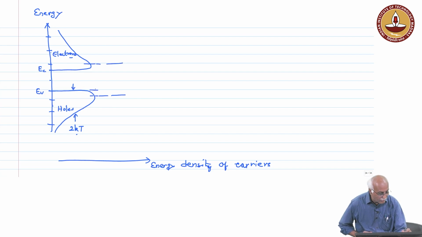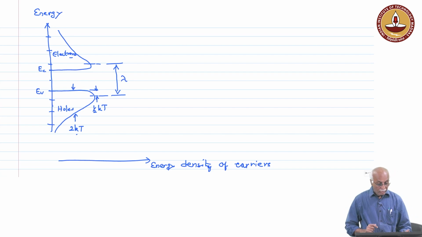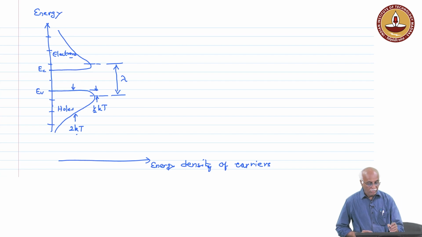So this approximately is half kT, and we can say lambda, the approximate wavelength, 0.5.